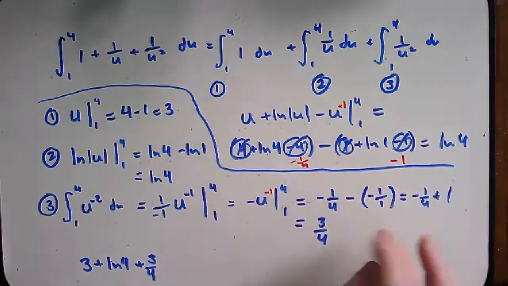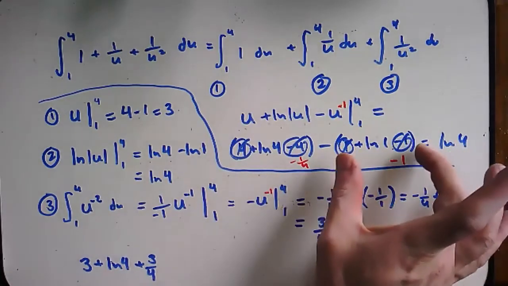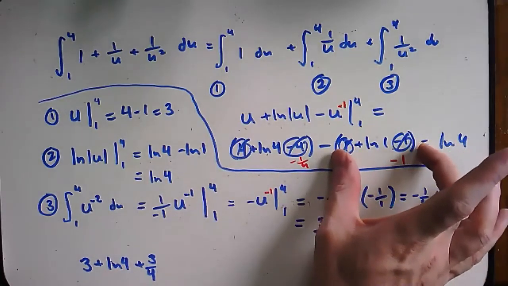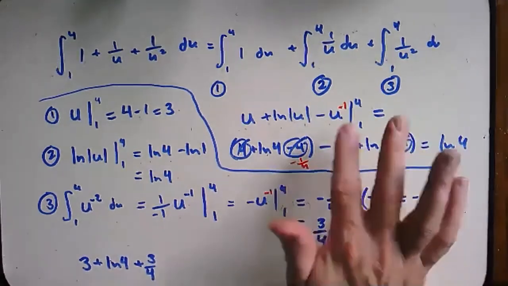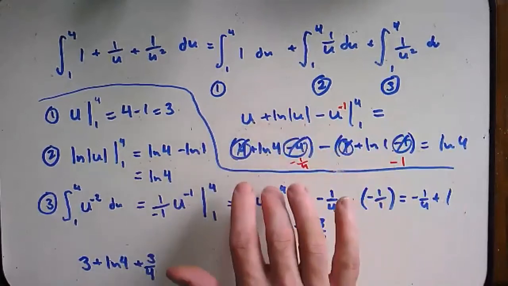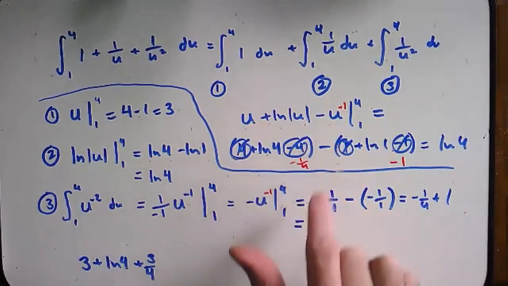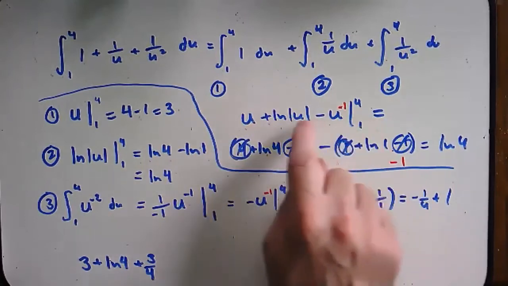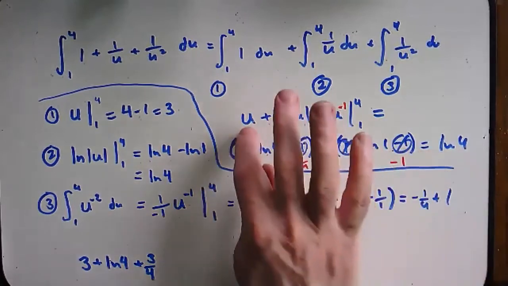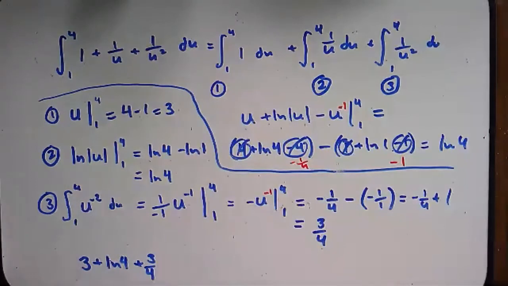So when you do that subtraction, I put parentheses around the entire thing when I plugged in x equals 1, and that's really important. A very common mistake is people do everything right. They plug in the upper endpoint, they put a minus sign, and then they plug in u equals 1, and u equals 1, and u equals 1, but they only end up subtracting the first term because they forgot the parentheses around that antiderivative. So just make sure you do that.